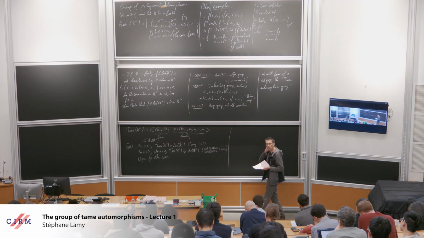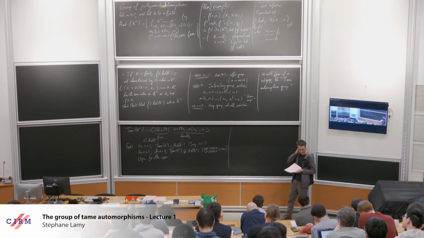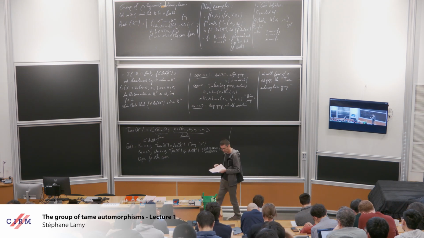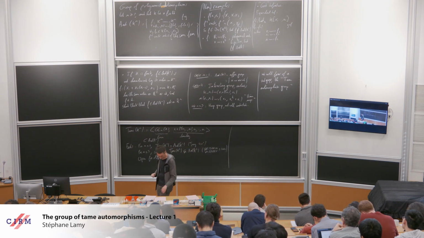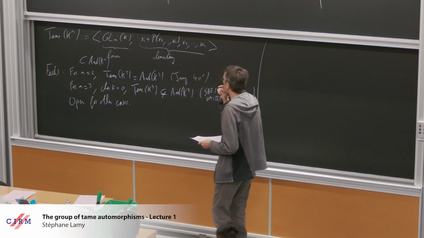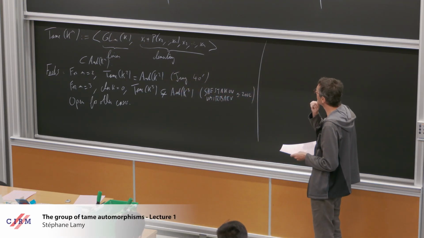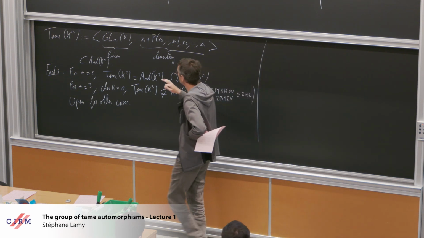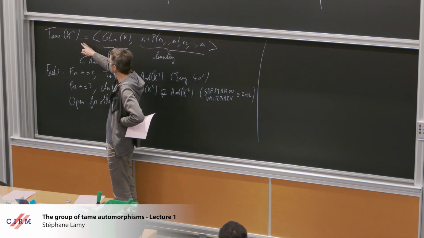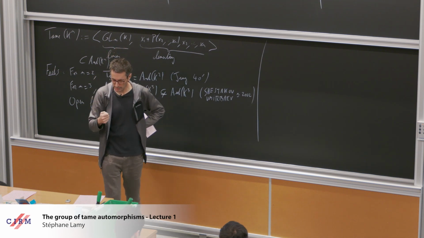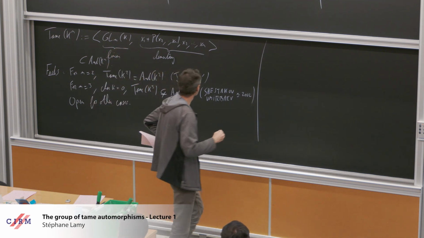Okay, so what kind of questions do I want to ask about this Tame group? Before asking the question, I should make easy remarks. About normal subgroups, there is an obvious normal subgroup here because there is an obvious homomorphism, which is taking the Jacobian determinant.